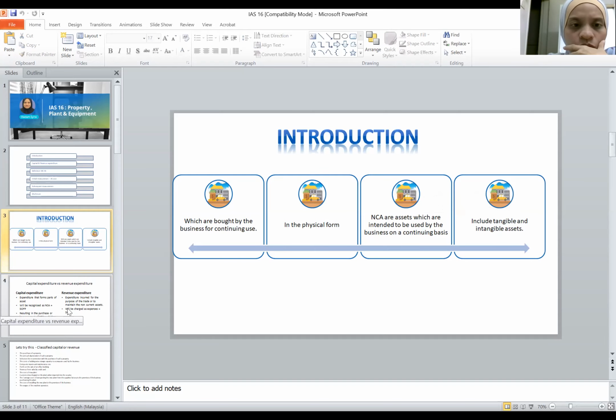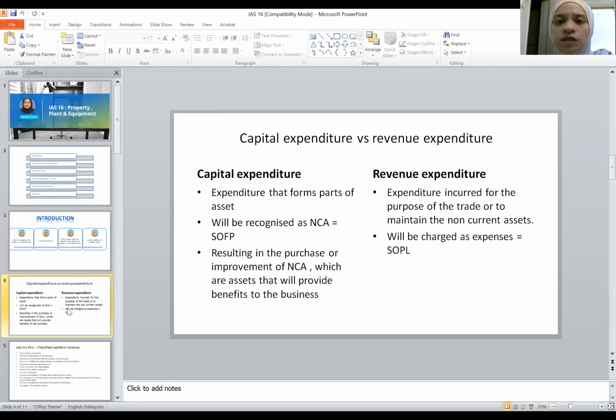Alright, the second one is you must know the difference between capital expenditure and revenue expenditure. Capital expenditure will be recognized as your asset, and of course it will be recognized in your statement of financial position as a non-current asset. Whereas revenue expenditure will be charged as an expense, meaning that when the company has revenue expenditure, it will be charged to your statement of profit or loss.